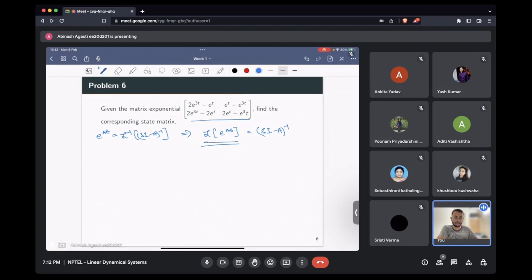Maybe we can try this for 2 minutes, then we'll discuss. Just find out the element-wise Laplace transform of this given matrix exponential.